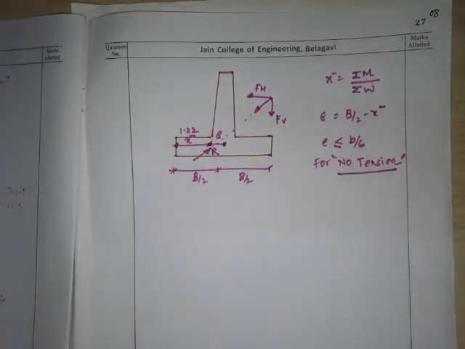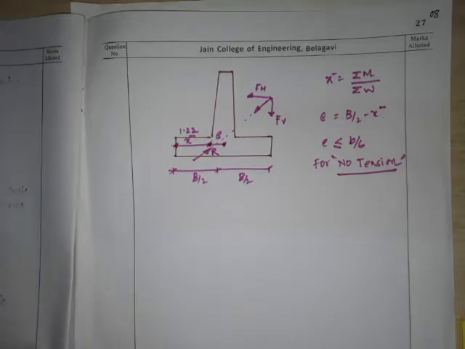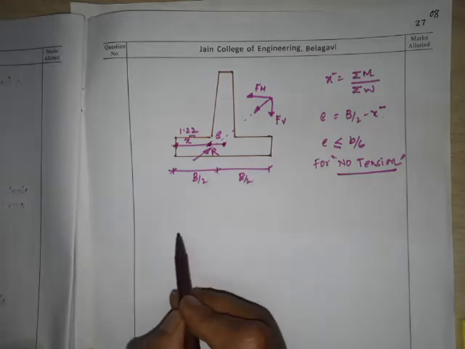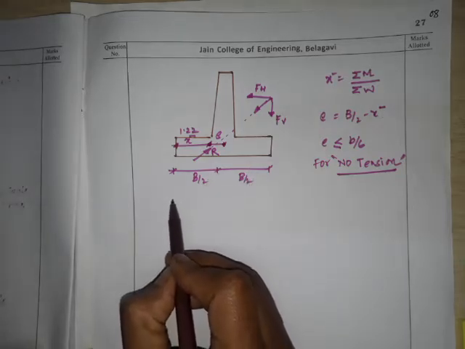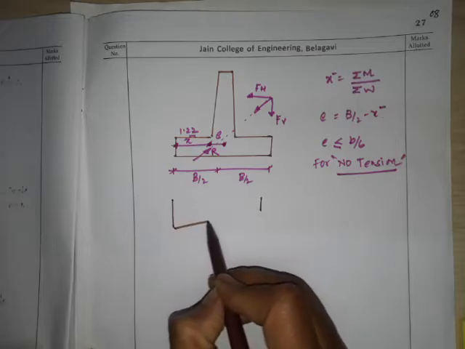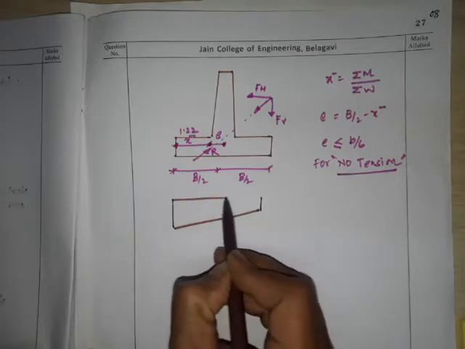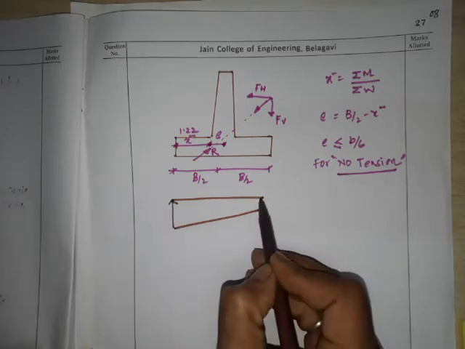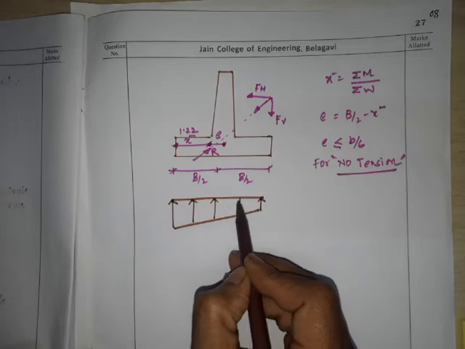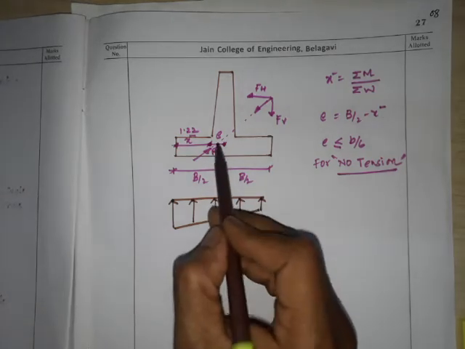So now I'll explain what is no tension. Generally, when the retaining wall resists the forces, because of the soil it will develop the upward pressure. Generally the upward pressure will be like this. This is non-uniform. Why non-uniform? It is because of eccentricity.